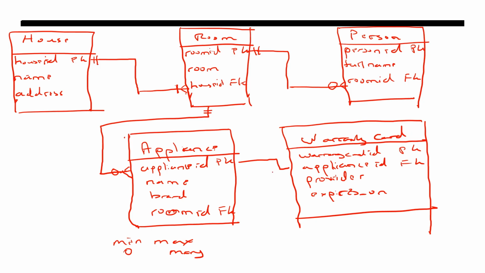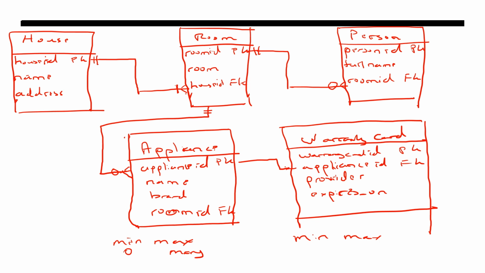How am I going to decide what cardinality do we have? Obviously, the same question that we ask: what is the minimum number of warranty cards that an appliance can have, and what is the maximum number of warranty cards that an appliance can have?